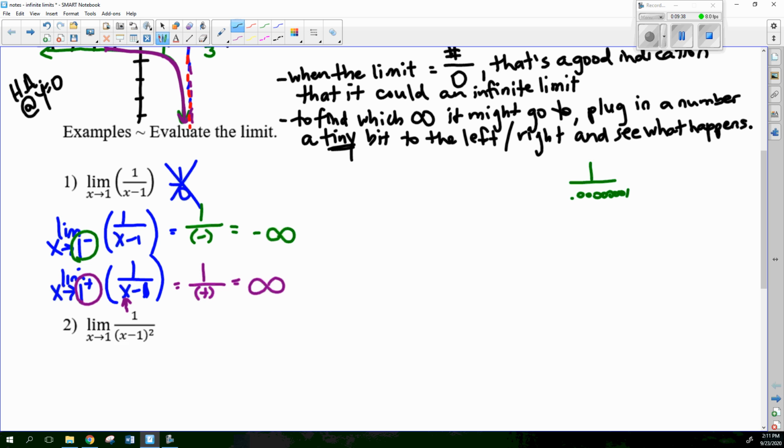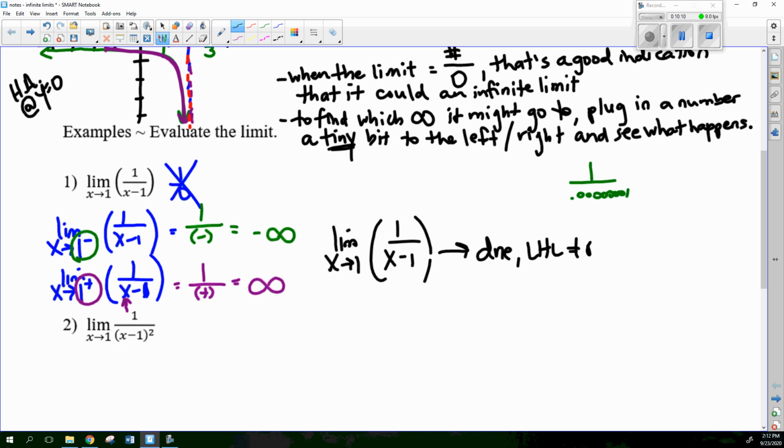So now when I go to answer the original question, all right, which did not specify left or right, I need to compare the left and the right, and I did it again. Let's not use equals, okay? Again, it does not exist. Take a second here. Okay, so we're going to say this one does not exist, but not because of unbounded behavior. You can't use that as a reason anymore. Left-hand limit not equal to right-hand limit.